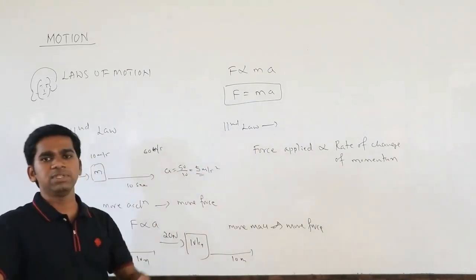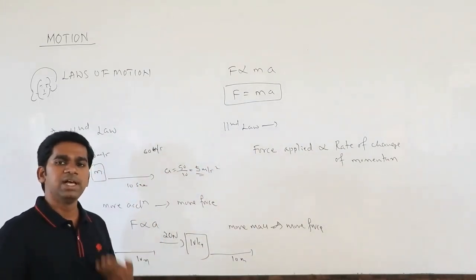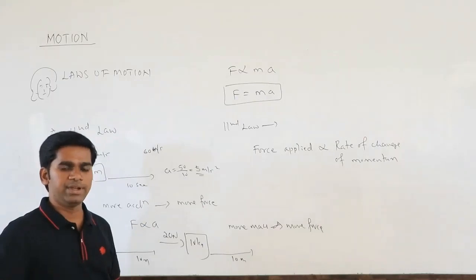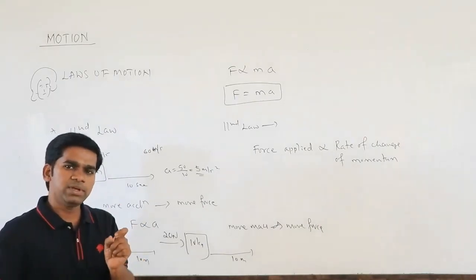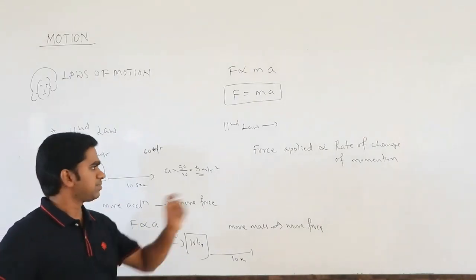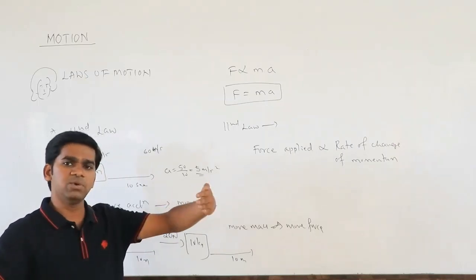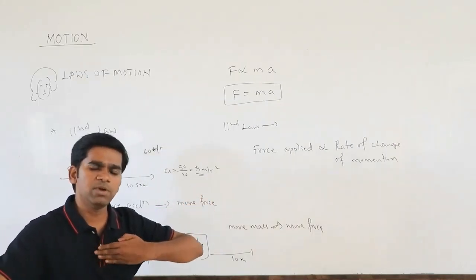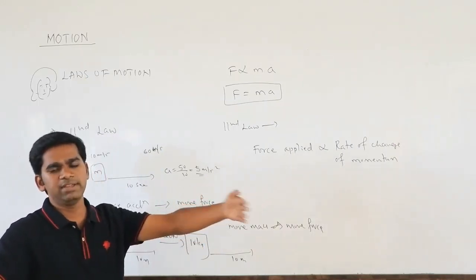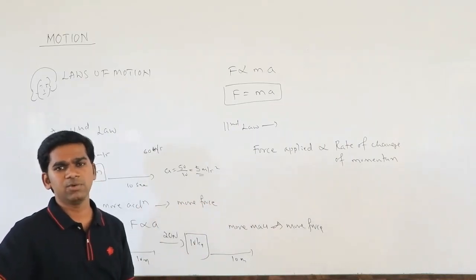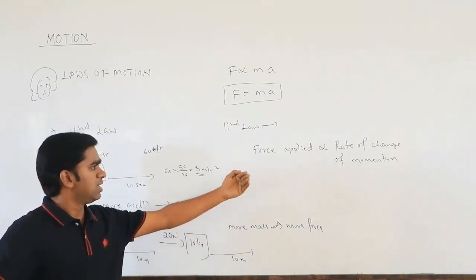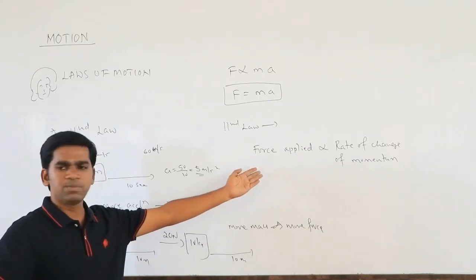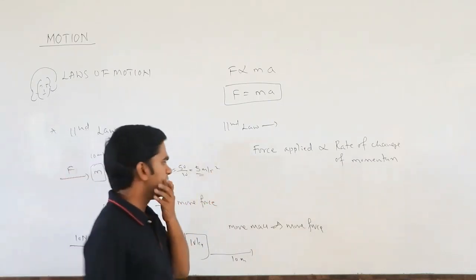The applied force is always directly proportional to the rate of change of momentum. Momentum is the amount of motion. If the applied force is more, you will get a greater amount of motion. If the applied force is less, you will get less motion. That is, the rate of change of momentum is proportional to the applied force.